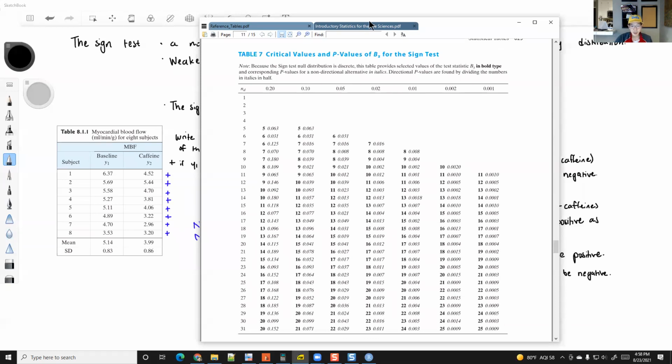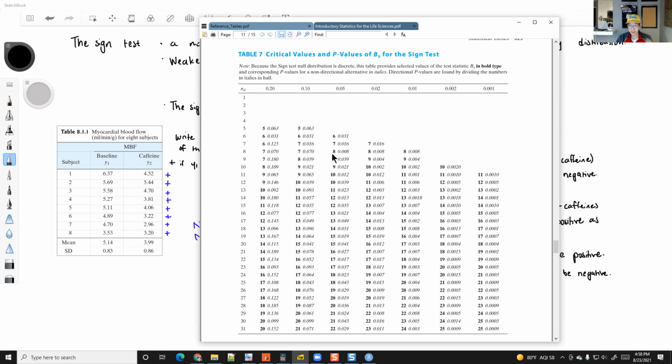Okay, and so now we go and say, all right, how many values do we have? We have 8 values in our sample. And really, you only get a significant value based on whether you have 7 or 8.